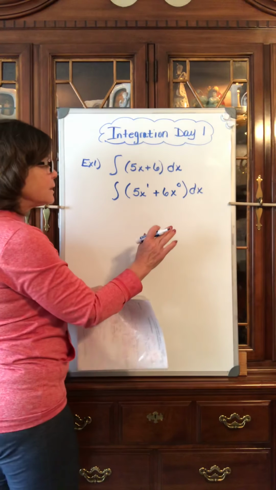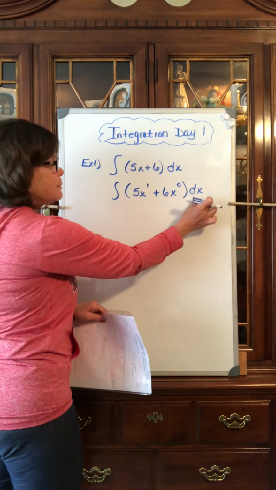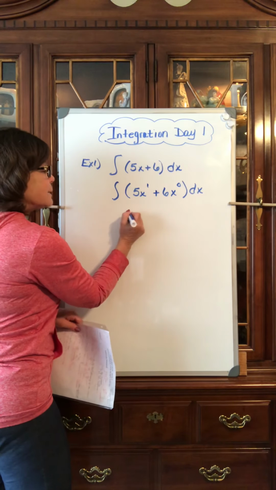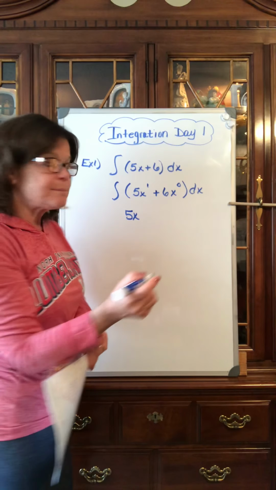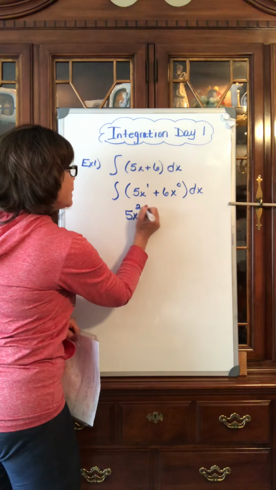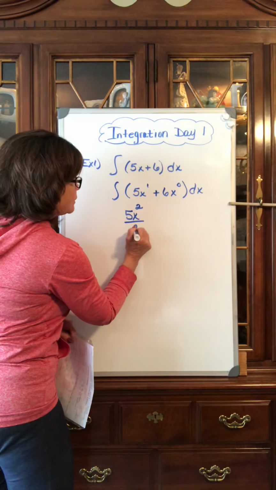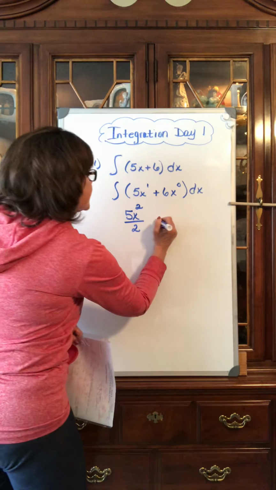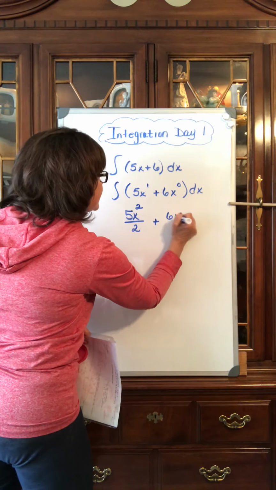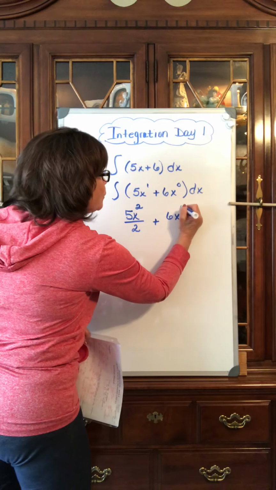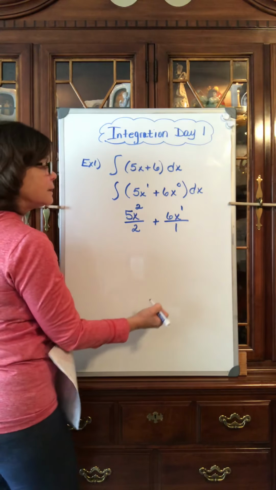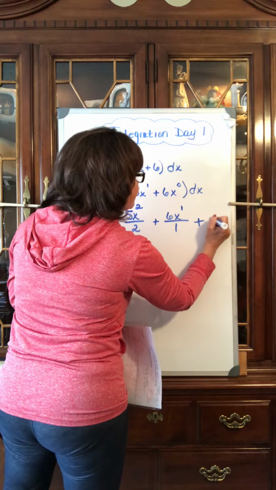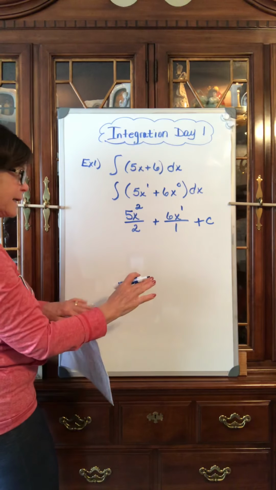Okay, so now I'm going to integrate. I'm going to drop out the integration symbol and dx. So I'm going to keep my 5x. I'm going to add 1 onto the exponent, so it'll become 5x squared, and divide by that new exponent of 2. And this will be plus 6. Bring your exponent up by 1 to the first, divide by that new exponent of 1, and then plus c, and then just clean it up.